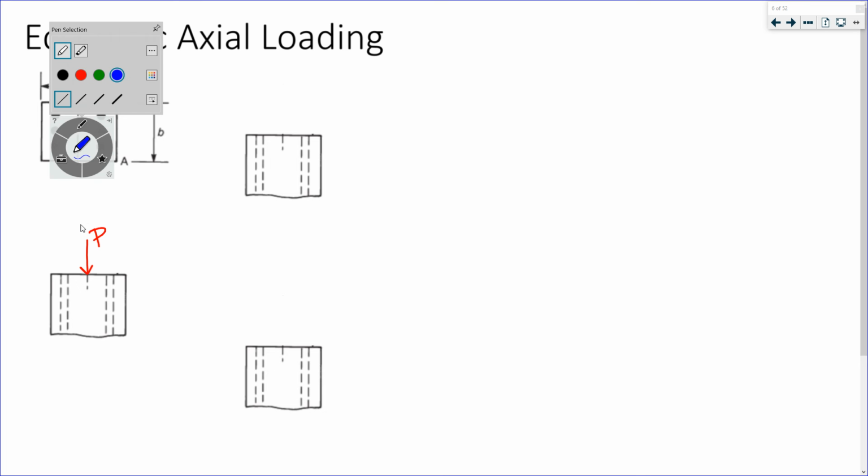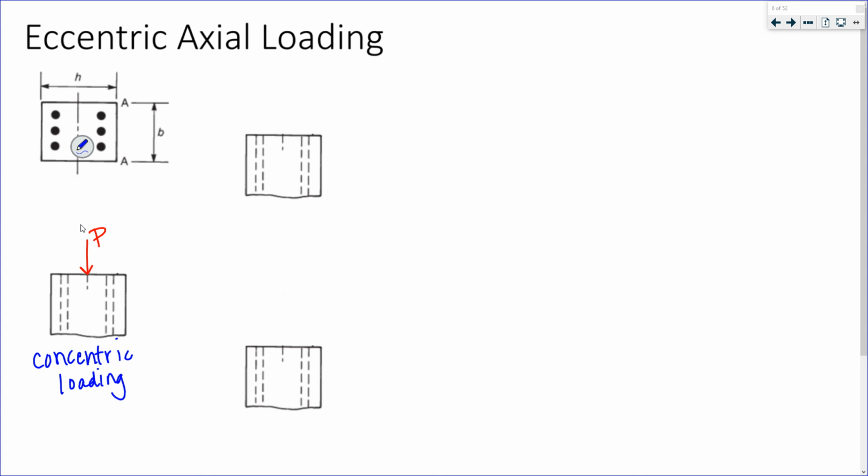This is concentric loading, where your center line and the vector upon which the load acts are exactly lined up. So that's pure axial.